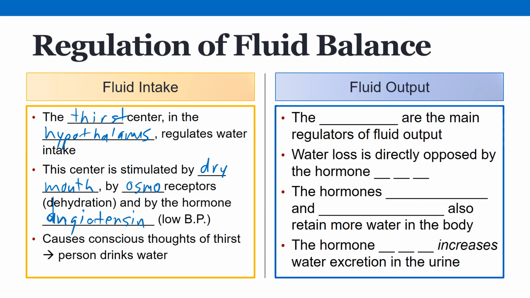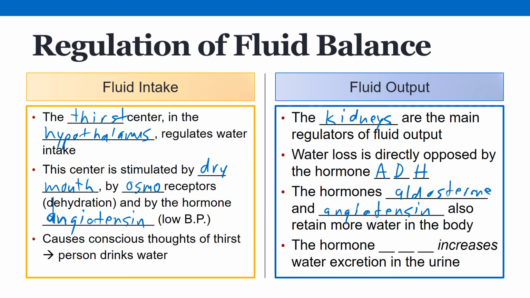The kidneys, of course, are the main regulators of fluid output. As you may recall from our kidney talk, water loss is directly opposed by the hormone ADH, that's antidiuretic hormone, also known as vasopressin. The hormones aldosterone and angiotensin also act to retain more water in the body by retaining sodium.